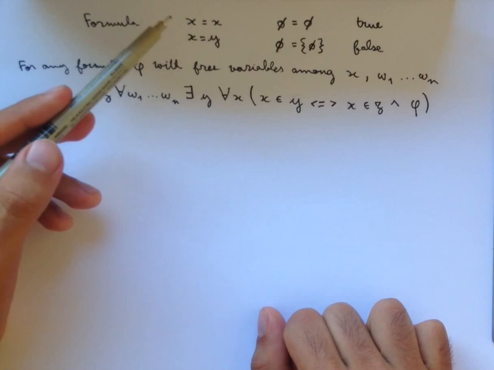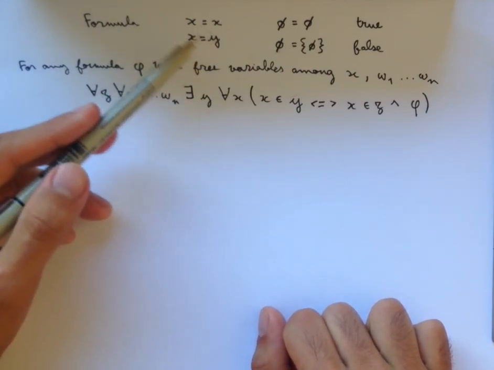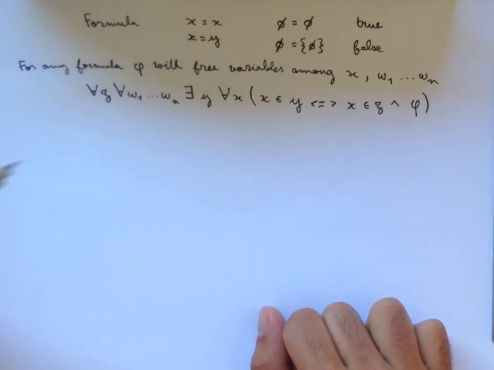When we say free variables, we just mean letters that can be replaced with symbols. So in the previous example, both the x's and the y were free variables.